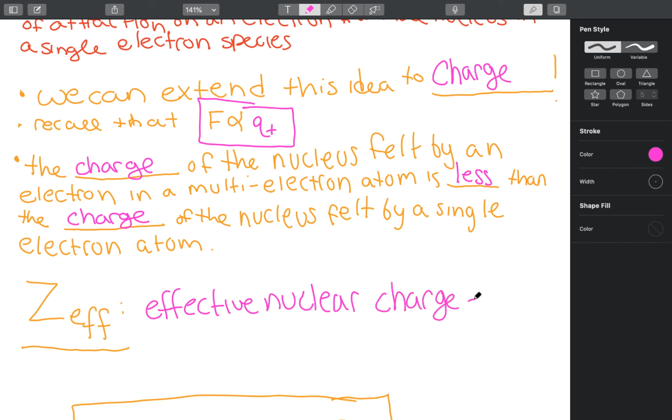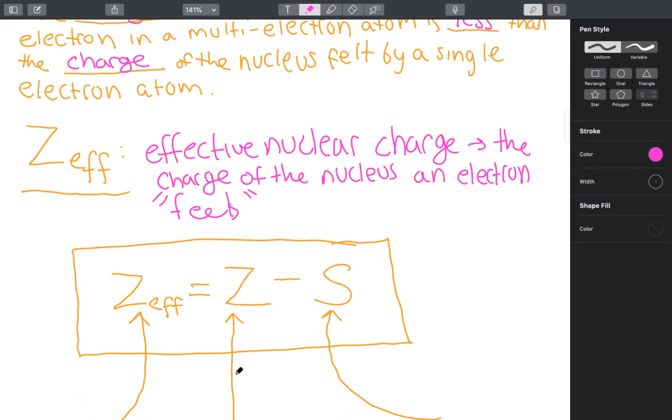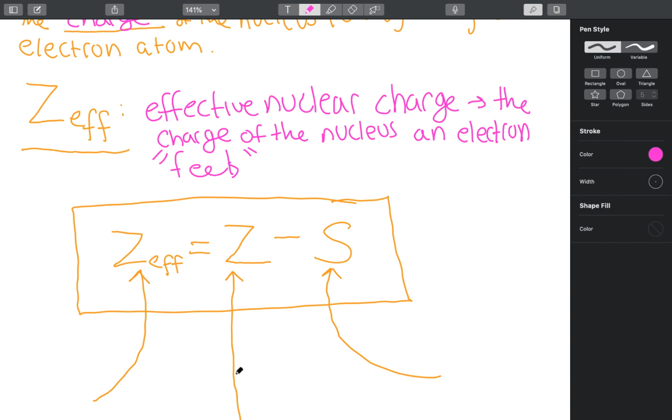And it's basically the charge of the nucleus an electron feels. So it's basically the charge that an electron feels. And in order to find Z effective, all you have to do is use this simple equation. So Z effective is equal to Z minus S.